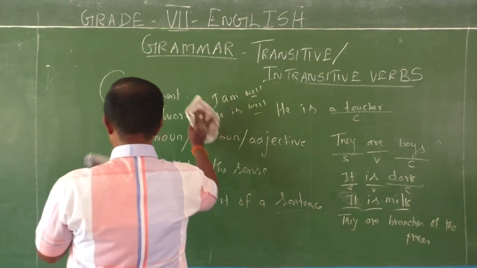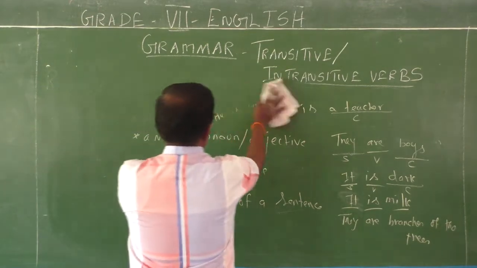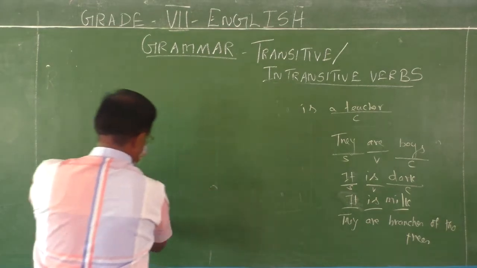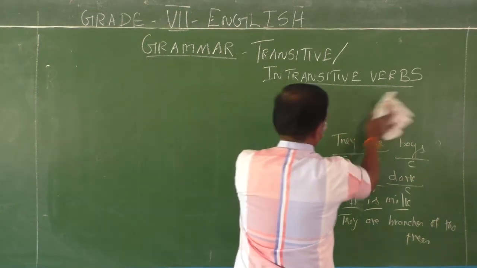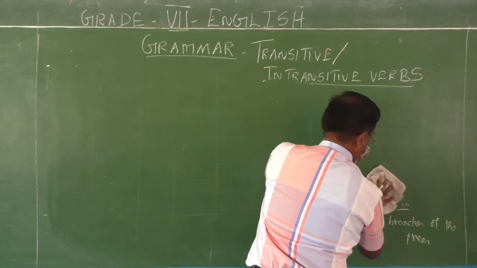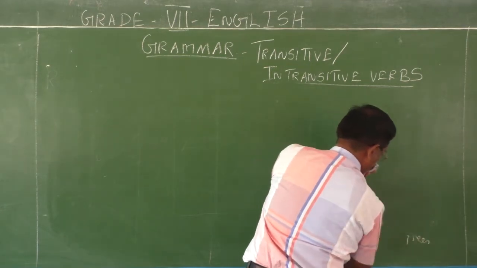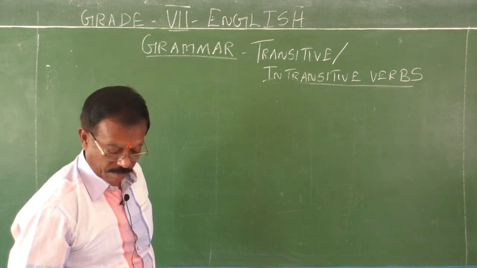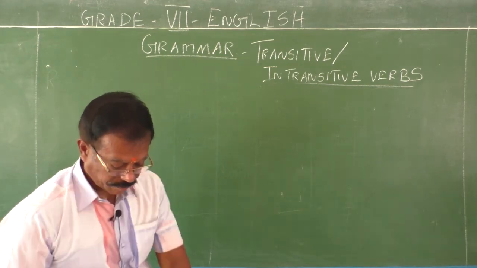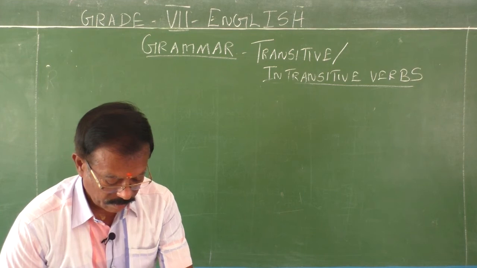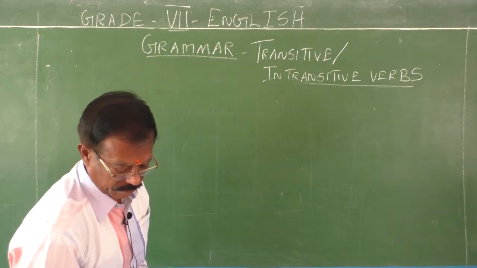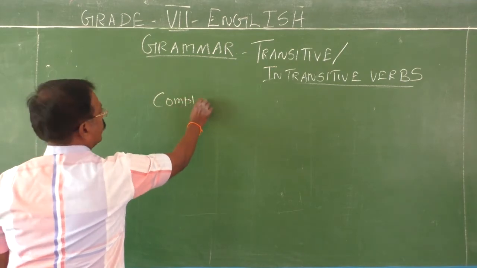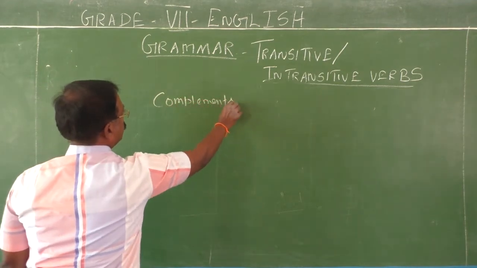See, I will give you some examples. Okay, subject complement and object complement. Complements are of two types.